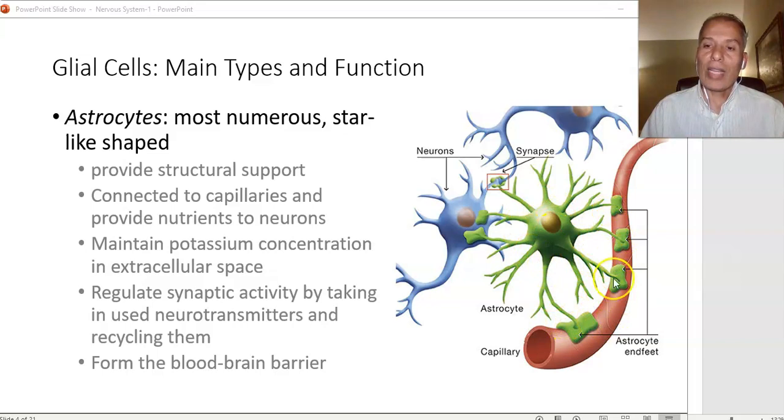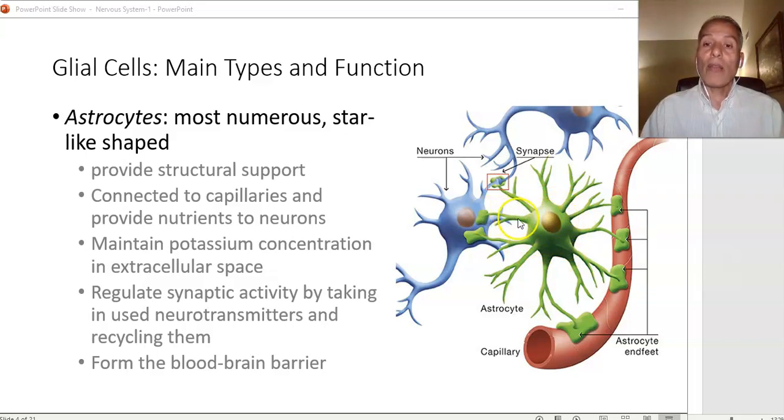It extracts only the nutrition that the neuron requires, because the blood inside of the blood vessel has many elements that could be toxic to the neurons. So the astrocyte extracts the nutrients from the blood vessels, then processes them in the body and makes them refined and purified.